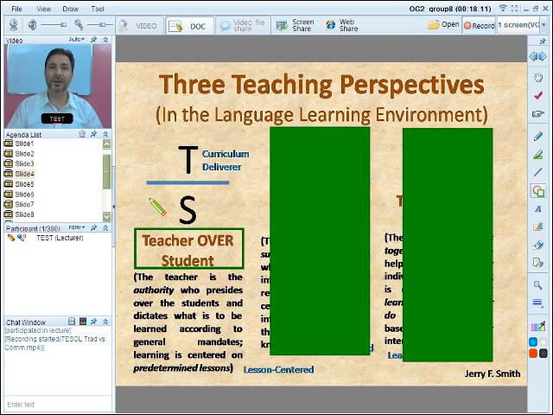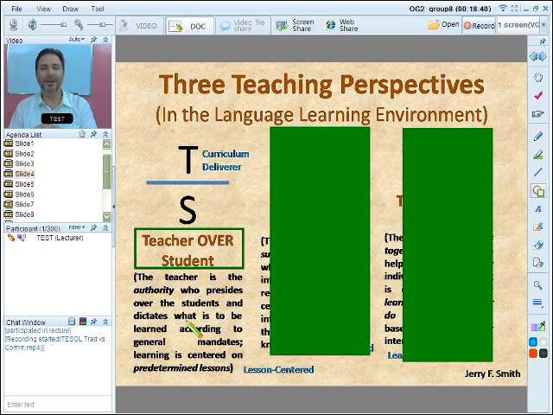This is the teacher who is kind of the president of the class, the ruler of the class, the boss of the class, the king or queen of the class. And this is the teacher who basically dictates what is to be learned. Now, don't get offended. I'm not saying you're a dictator. But I guess if you dictate what's supposed to be learned, we could associate that. But no offense whatsoever.